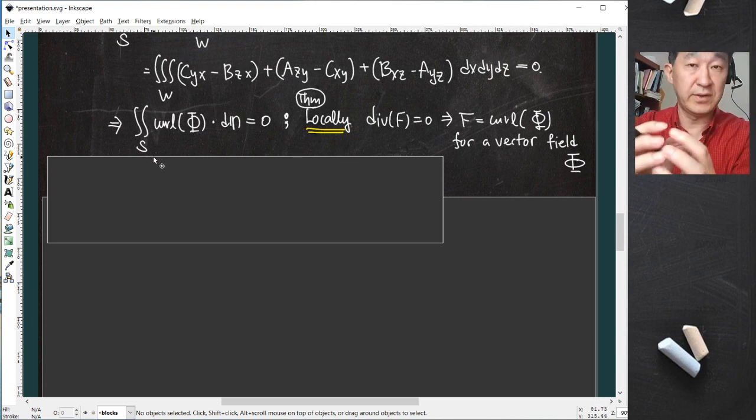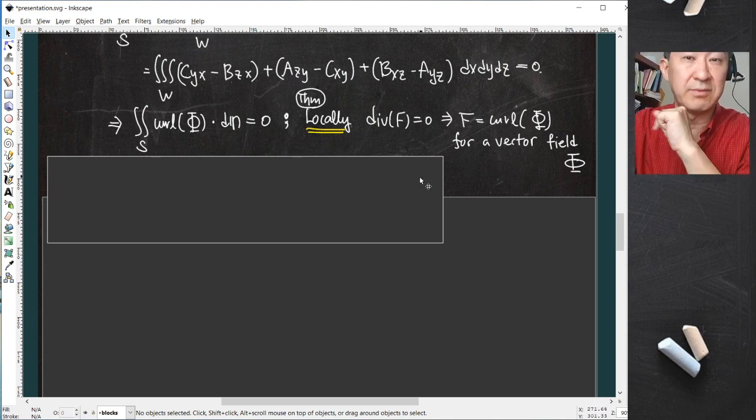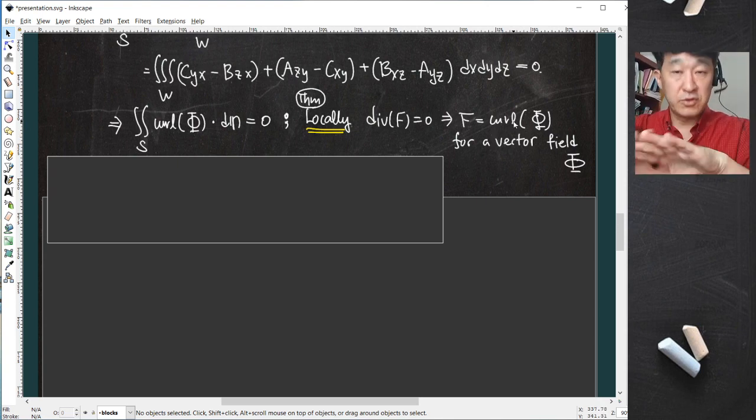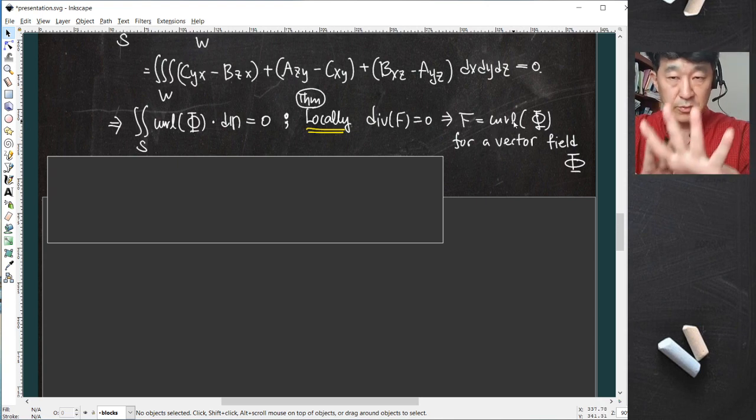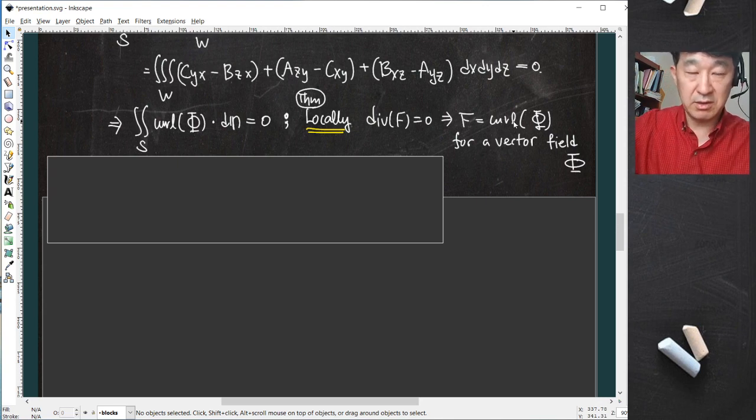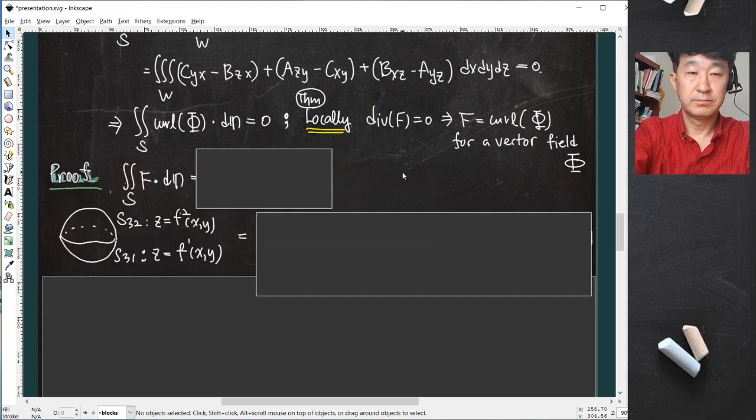It's not just any surface, any closed surface, that makes the divergence 0. And if the divergence is 0, you can conclude that locally it's a curl of something. But if you try to extend this formula all the way to the bigger one, especially something that closes up, you're going to run into trouble, and it's not always possible. Sometimes it's possible.